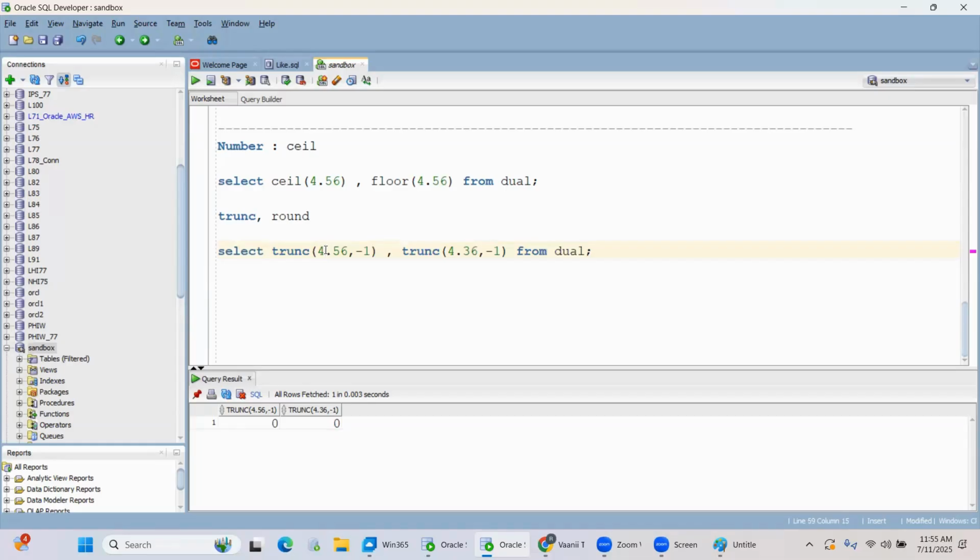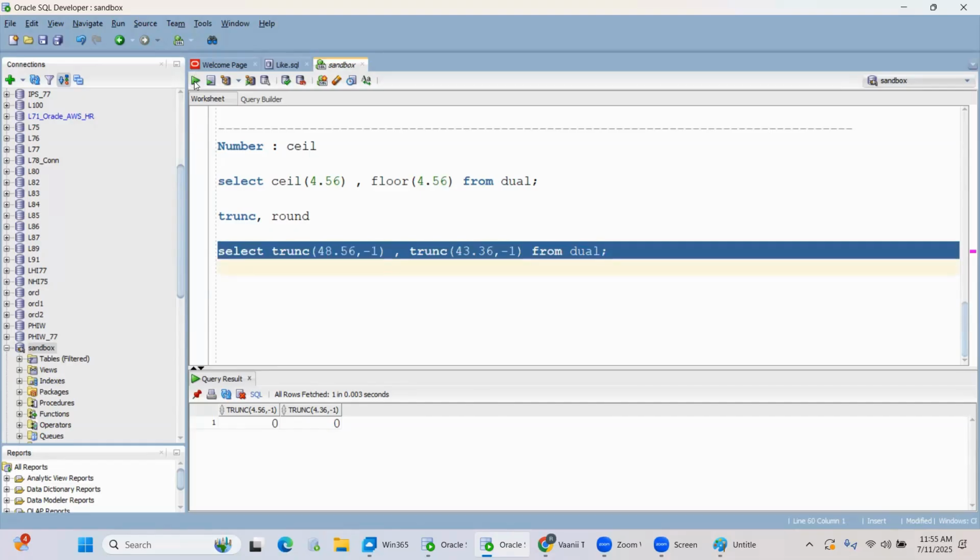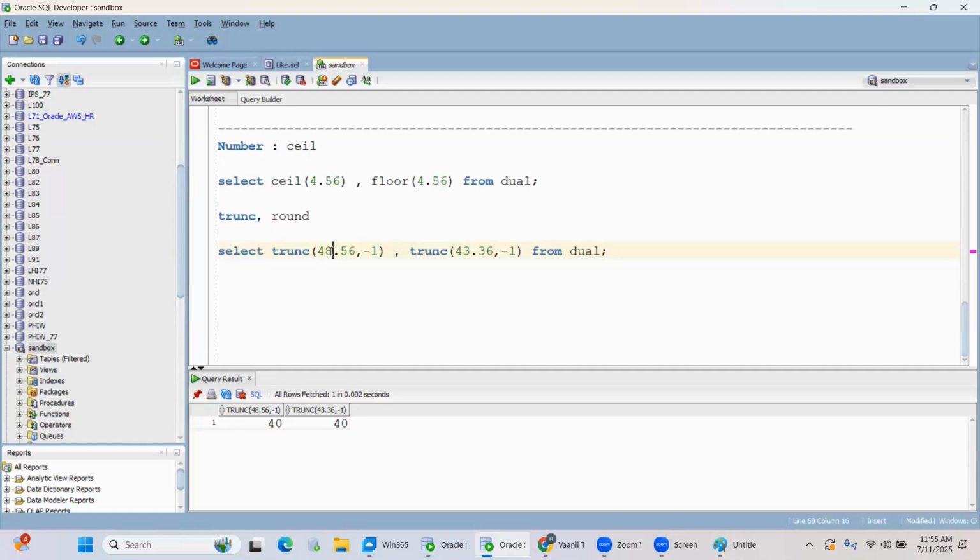If I write 8 here, and here suppose 3. Now you understood how minus works, right? Minus means move to the left side of the decimal point, of the digit.